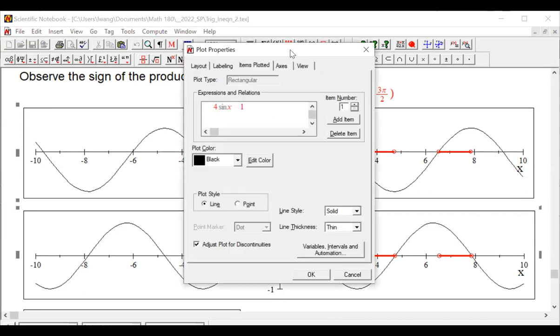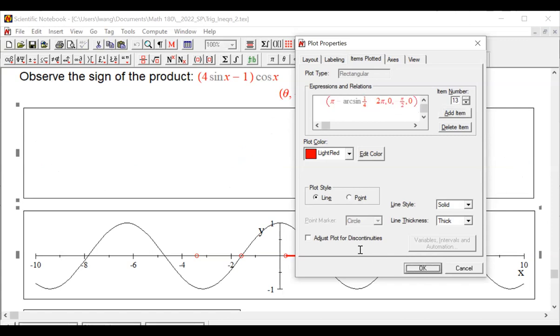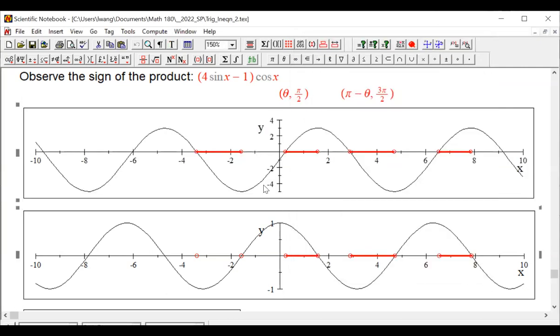So I'm going to mark that interval, from negative pi over 2 to 0, with a thick line.